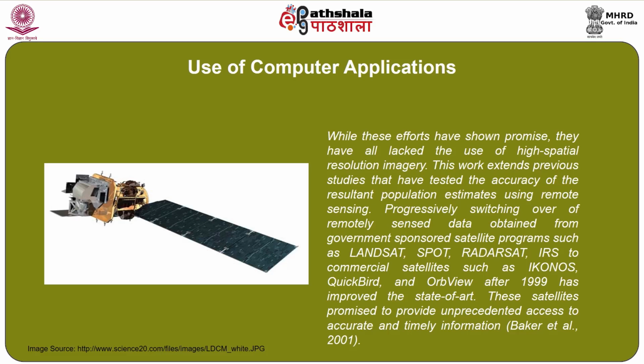Progressively, switching from remotely sensed data obtained from government-sponsored satellite programs such as Landsat, SPOT, Radarsat, IRS to commercial satellites such as IKONOS, QuickBird and OrbView after 1999 has improved the state of the art. These satellites promise to provide unprecedented access to accurate and timely information.